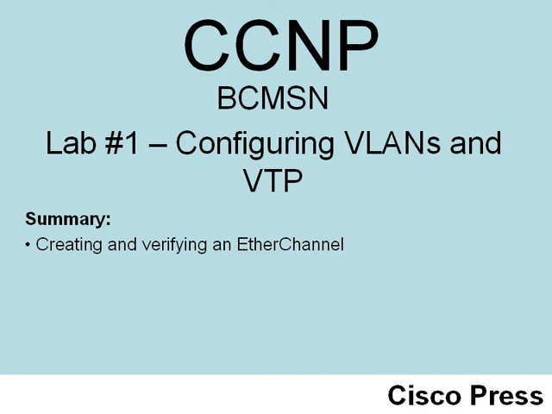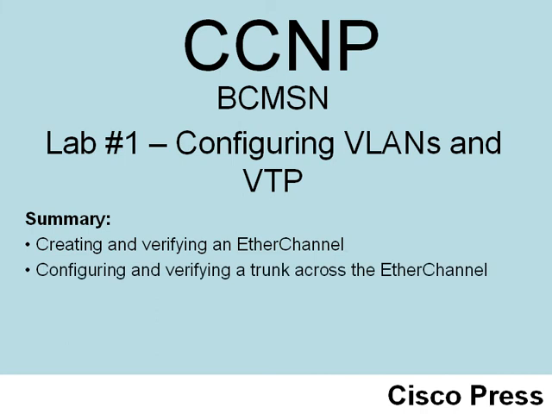We just used a couple of physical connections between a couple of Catalyst 3550 switches to form an ether channel, logically bonding together the bandwidth for both of those physical interfaces into this virtual ether channel interface. Once we had configured and verified our ether channel, we then formed an IEEE 802.1q trunk across the ether channel, and a trunk allows us to carry traffic for multiple VLANs.